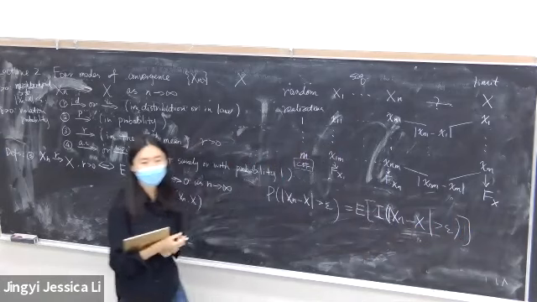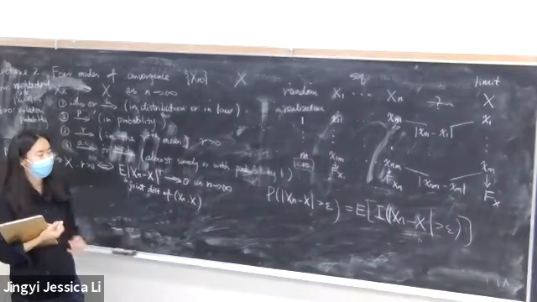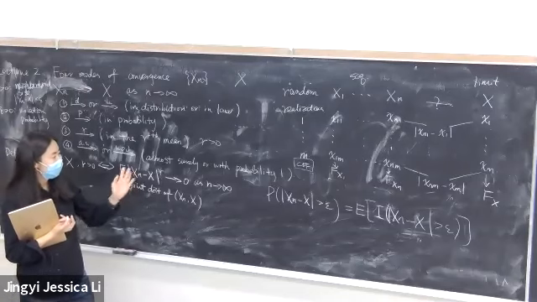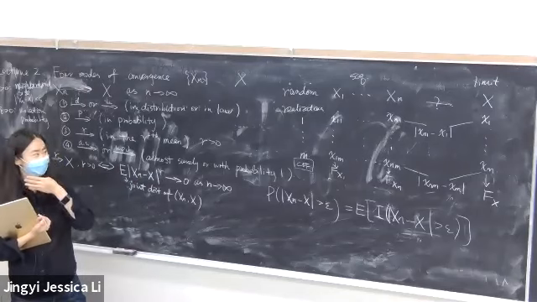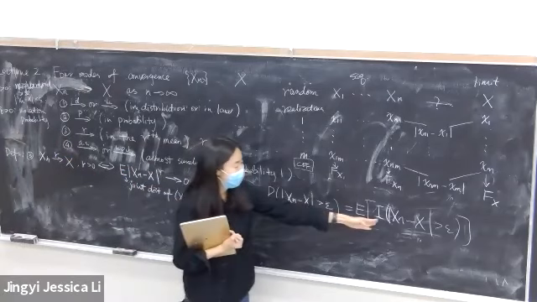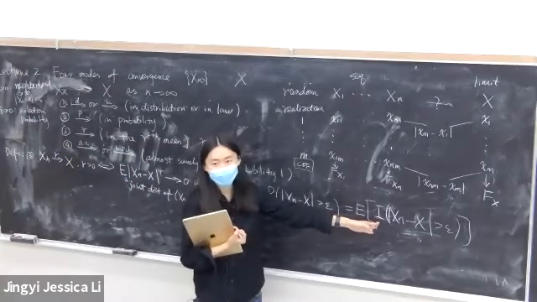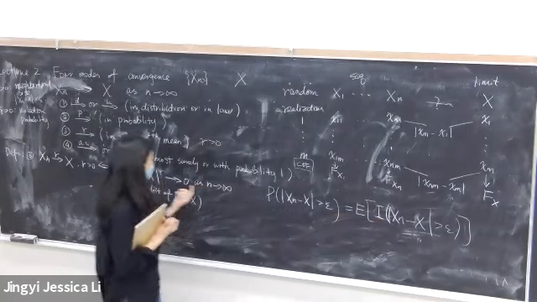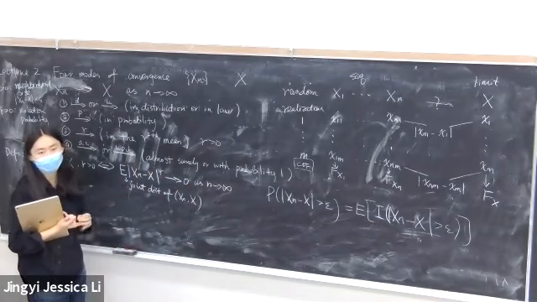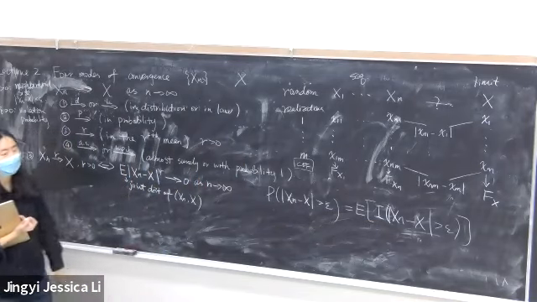These two things are equivalent, and that's why this is useful when you do derivations. The reason I write it this way is to come back to your question before. This indicator is basically doing a truncation, a binarization, while here we just keep the absolute difference and raise it to power r. But still, both are some sort of average.